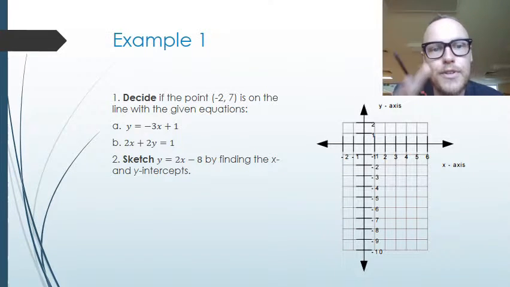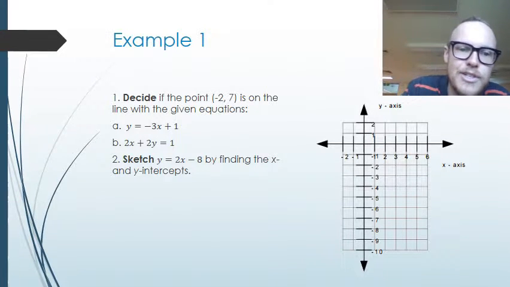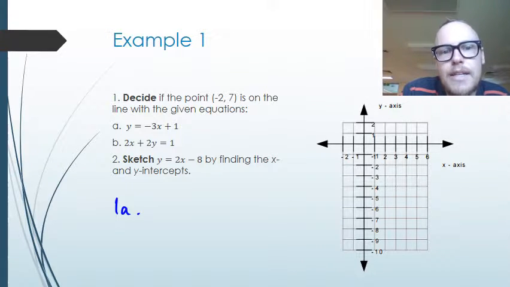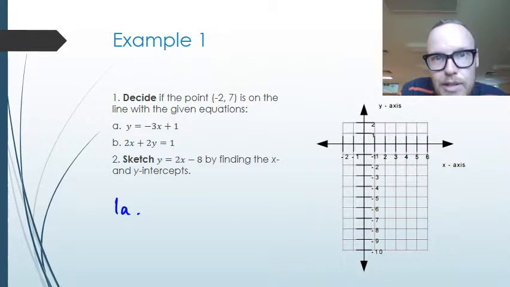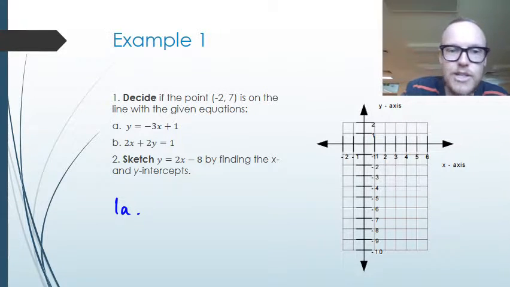So let's look at a first example. We're going to decide if the point -2, 7 is on the line with the given equations. If we have a look at 1a to start with, in deciding whether it's on the line, we need to substitute the point into the equation and then see if the equation is then true.